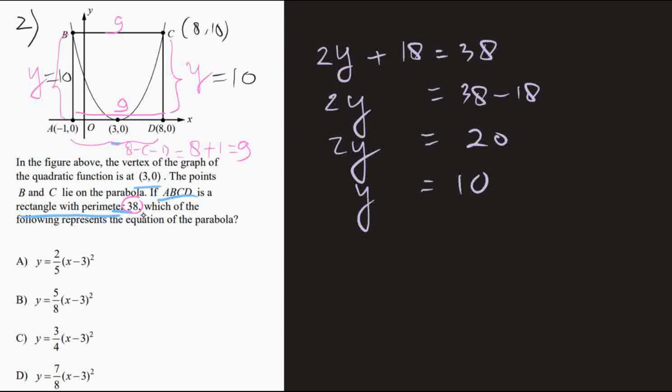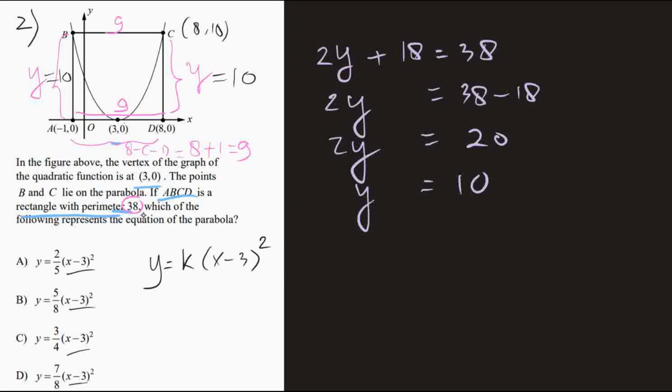Now which of the following represents the equation of the parabola? You see all of them have minus 3, minus 3, minus 3, minus 3, the same, because it's the vertex. Now we just have to substitute into the equation. We have y equals a constant times (x minus 3) squared.